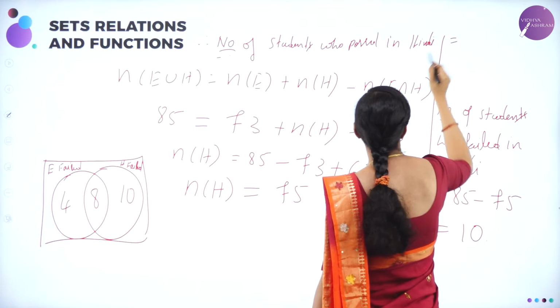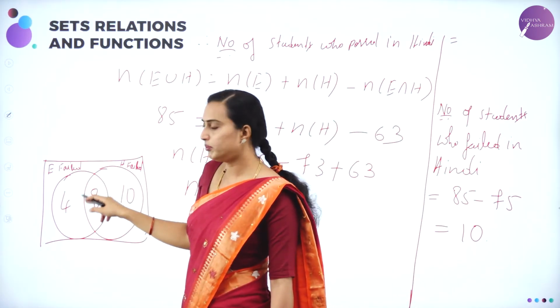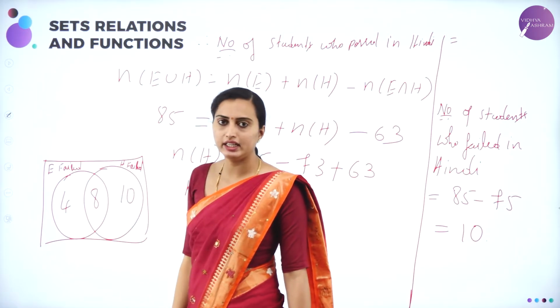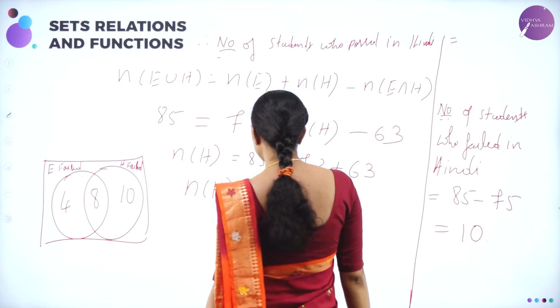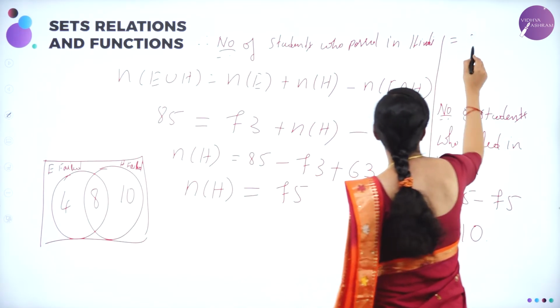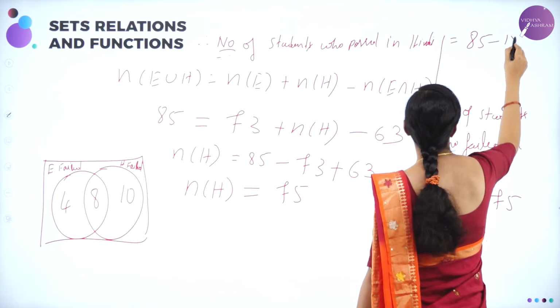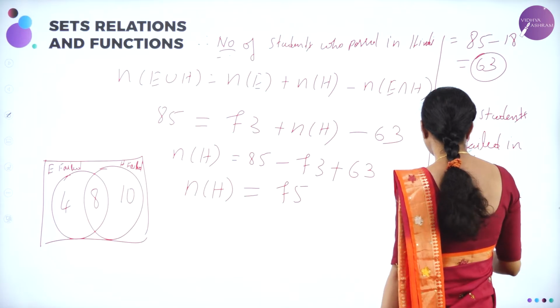Failed in Hindi, how much? Failed in Hindi, here also failed will be there, 8. 10 plus 8 is 18, correct? So the answer will be 85 minus 18. See, 85 total number minus 18 gives you 63. This is the answer for C. So this is the answer for B.